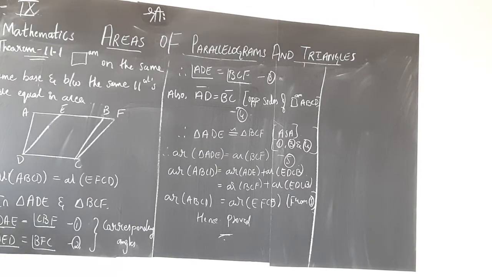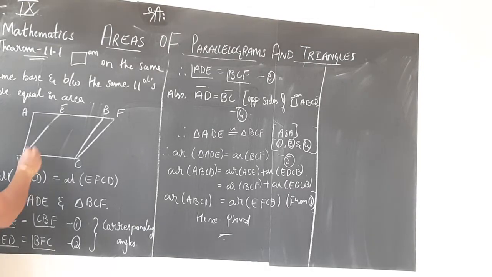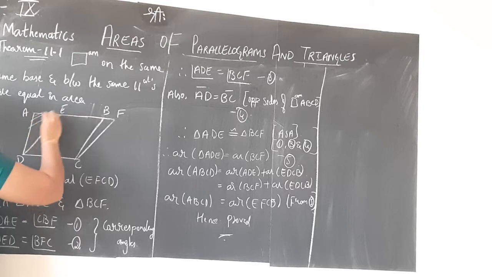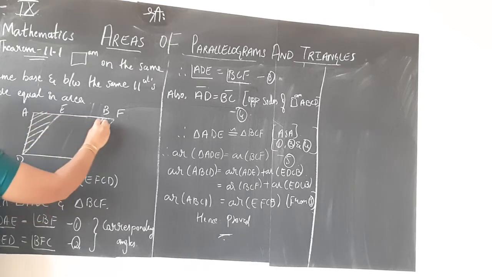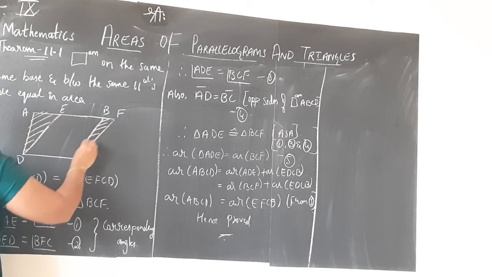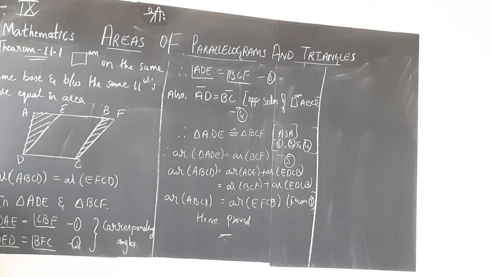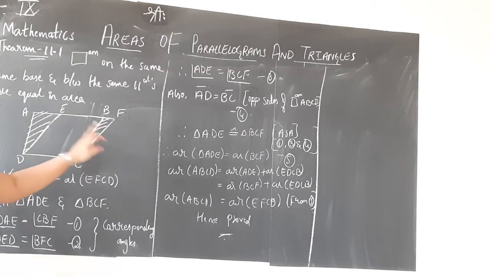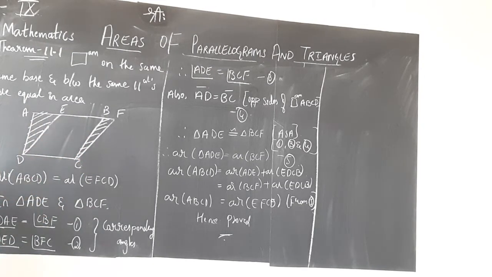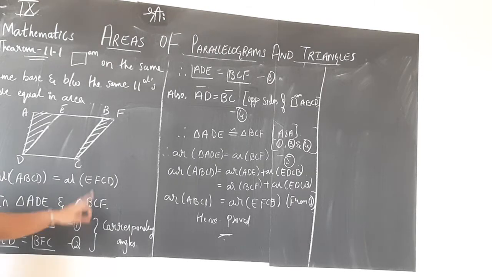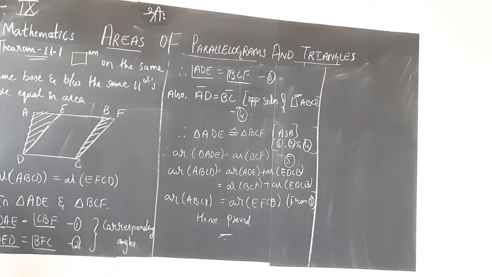So in the proof, we are going to consider the small triangles you can see in the figure, that is triangle ADE and triangle BCF. They should be of the same size, children. You draw it neatly, okay? So in triangle ADE and triangle BCF, angle DAE is equal to angle CBF is the first point.